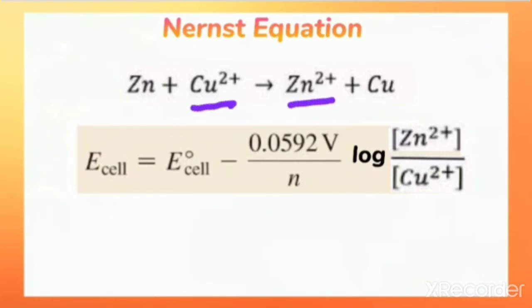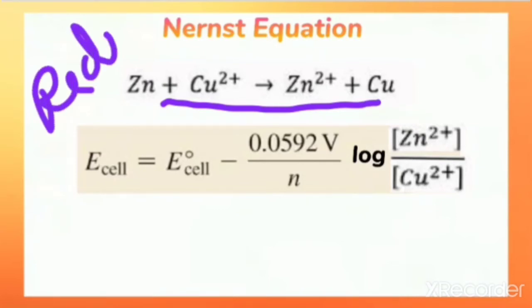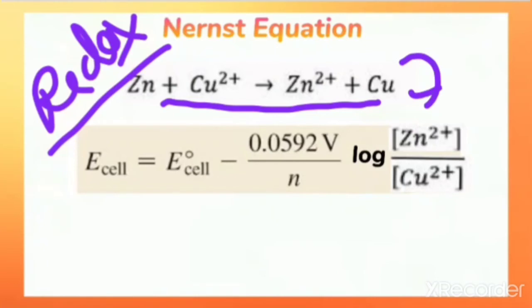This is what you need to remember for writing this equation. So whenever the cell is given, it is better to convert it into the overall equation, that is, the redox reaction. Always try to convert the cell representation into the redox reaction and apply the Nernst equation formula.